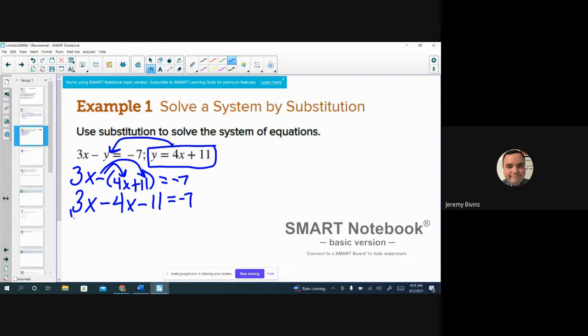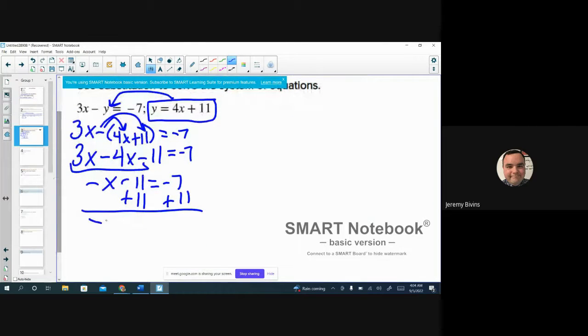Combine like terms, so 3x minus 4x is -x, or -1x, minus the 11 equals -7. I'm going to add the 11 to both sides, because now I'm just trying to get the x alone. When I do that, I get a -x, our 11s cancel, equals what I believe to be 4, from the -7 plus 11.